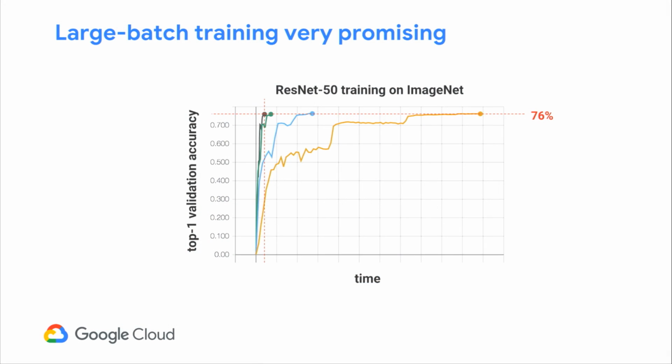And what I'm showing here is that a model that might take, in that sort of golden curve, many hours on a single board to get to this 76% accuracy, as you scale up within the pod, just increasing the batch size, not changing the code, you can achieve that same accuracy in shorter and shorter wall clock times, which really lets you iterate faster.